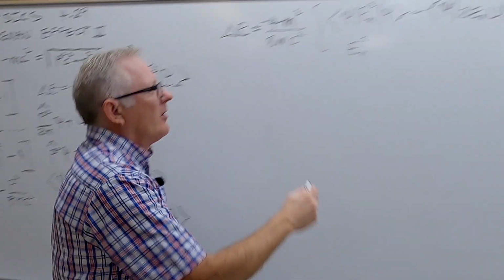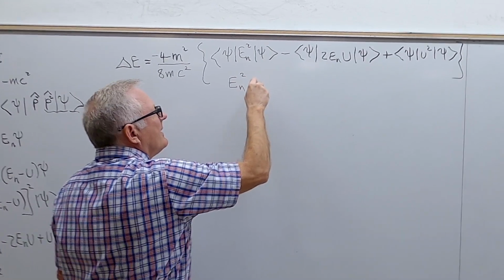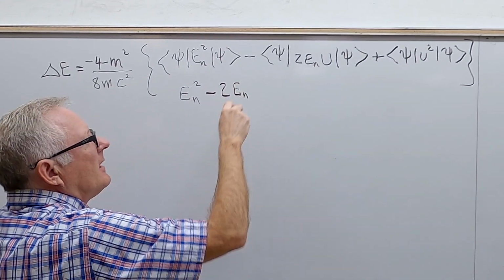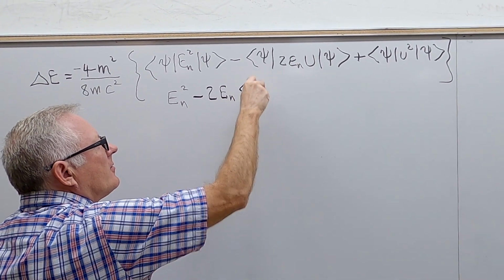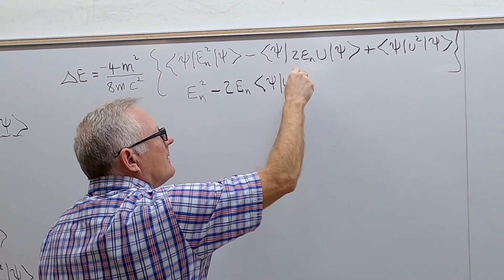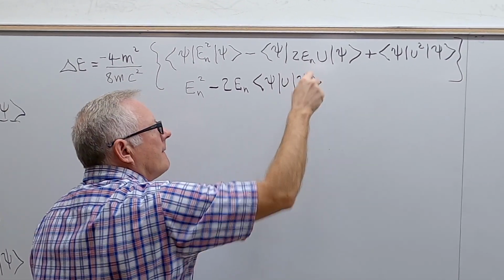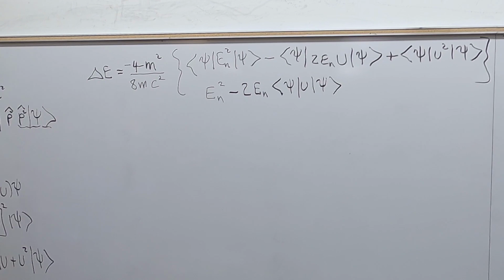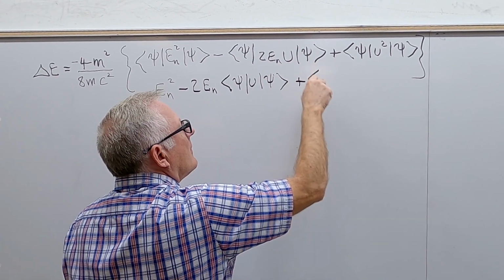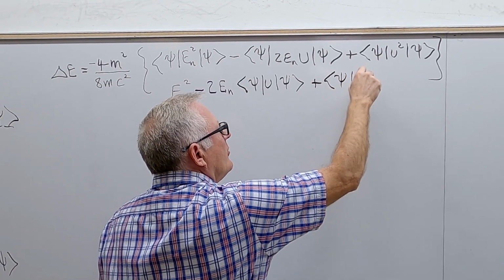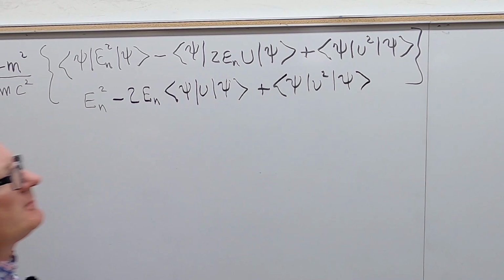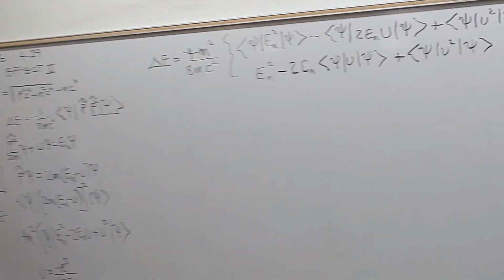So this is minus, I'll bring out the 2 E sub n, and we've got psi u psi. And then the last term is just plus, we'll leave it the same, psi u squared psi. Okay, so that's what everything inside of there would be.